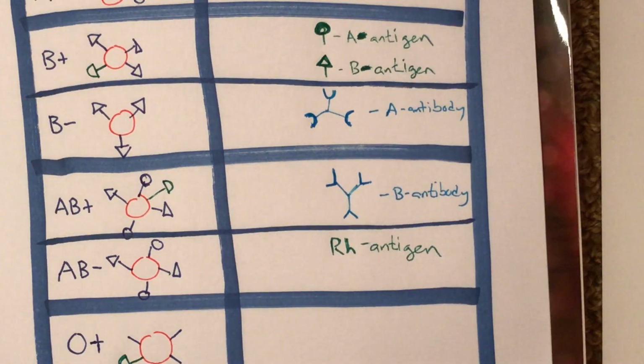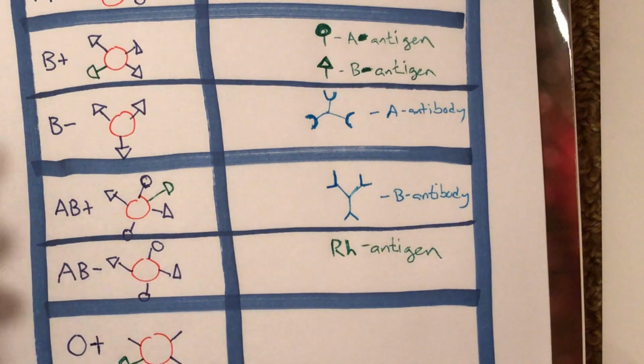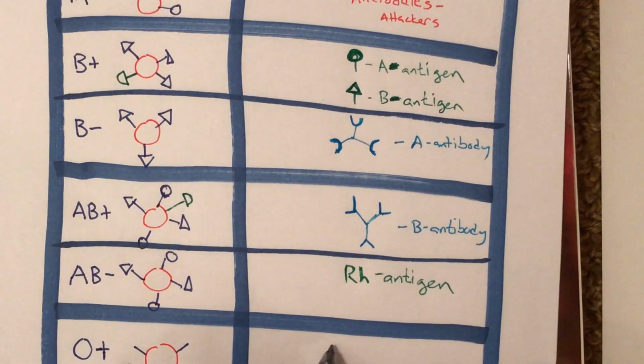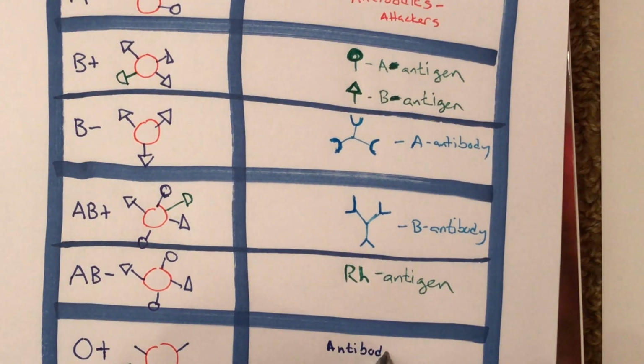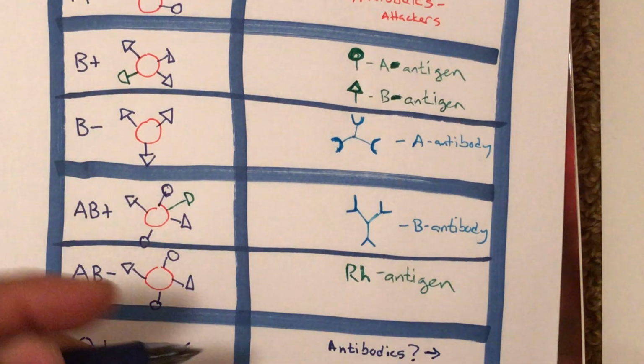There's a question you can commit to memory to know who has which kind of antibodies: put antibodies, question mark, and the answer is, what antibodies should I place in all of these different scenarios?